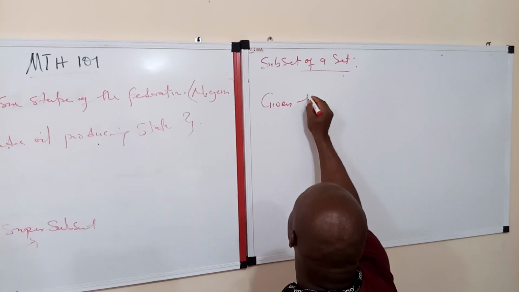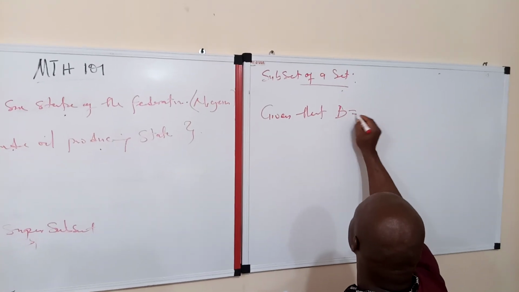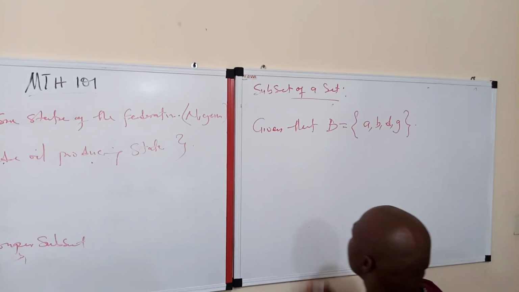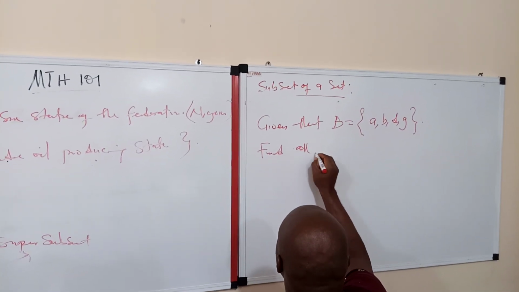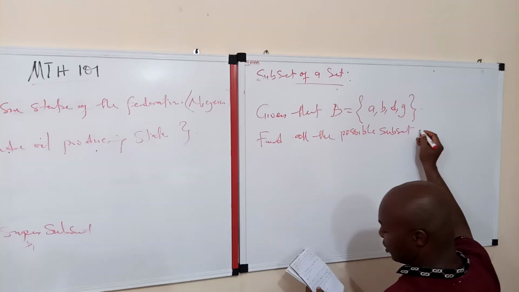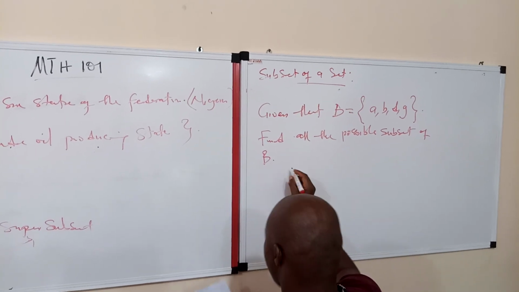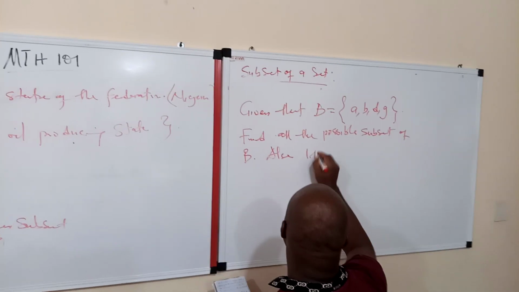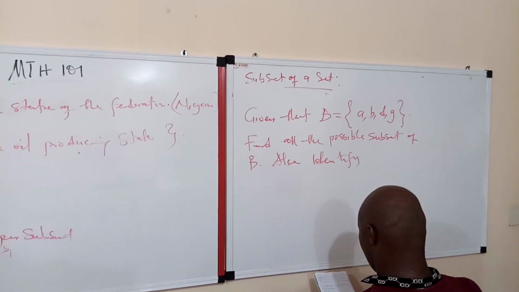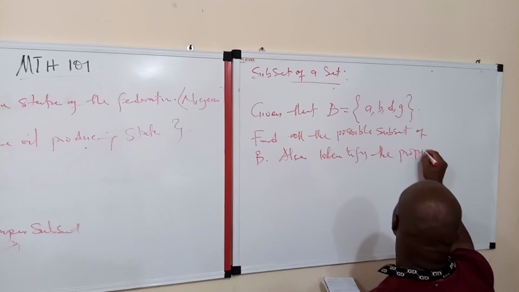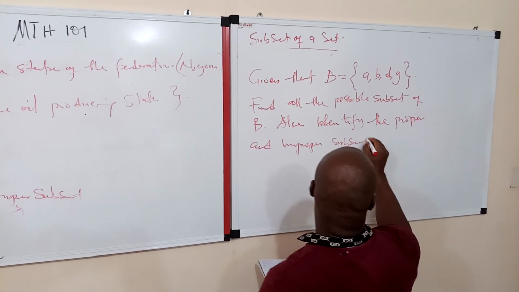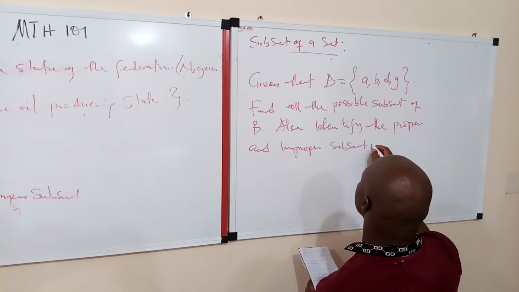Given that B is equal to {A, B, D, G}, find all the possible subsets of B, and also identify the proper and improper subsets.